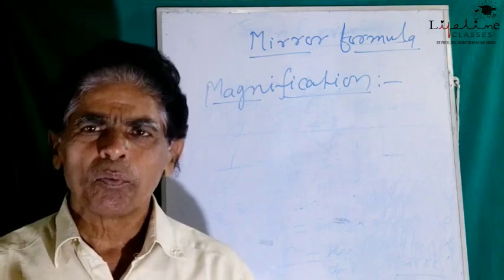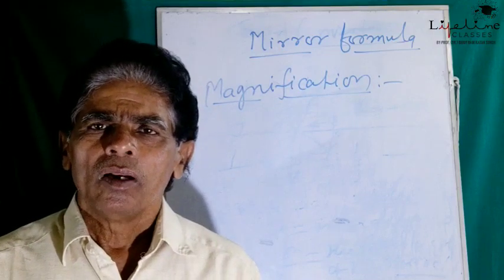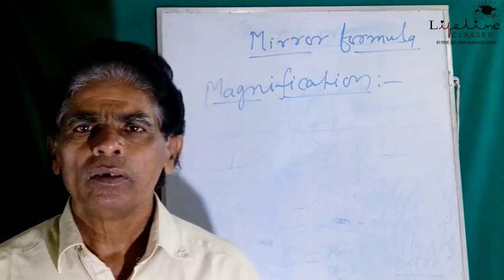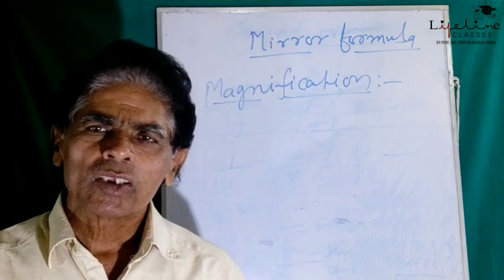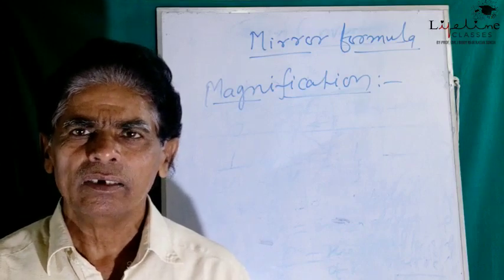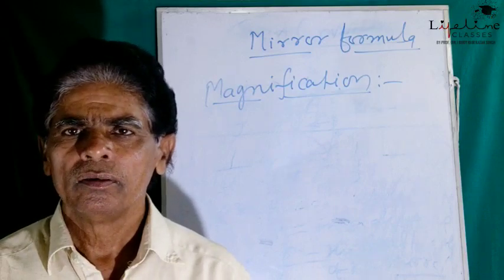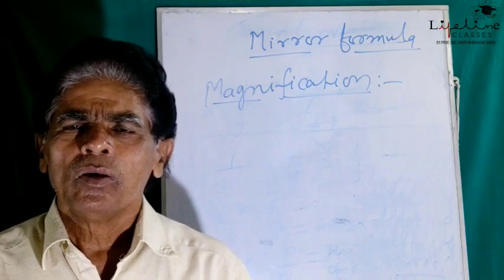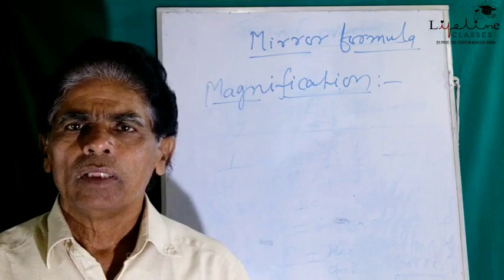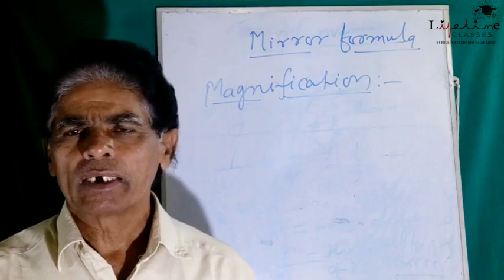Means the image formed by the mirror is either larger than the object, of the same size of the object, or smaller than the object. Means how enlarged, how magnified is the image as compared to the object. This is nothing but the comparative account of the size of the image as compared to the object.